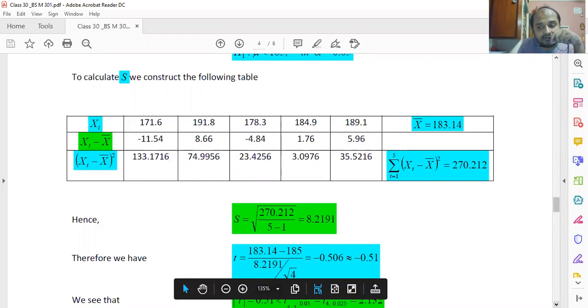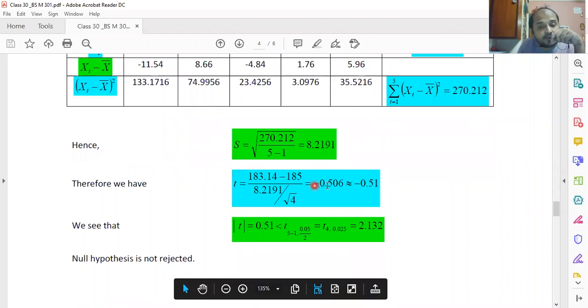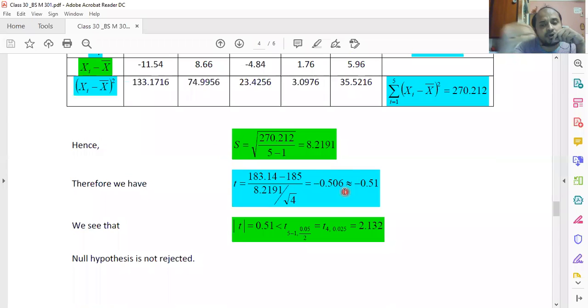After putting all the values in the formula, we get a negative value, minus 0.506, which is approximately equal to minus 0.551. And sometimes negative values may also come, so you are going to take the absolute of that. Taking absolute value means we're trying to draw the conclusion on the basis of the positive tail of the normal curve.